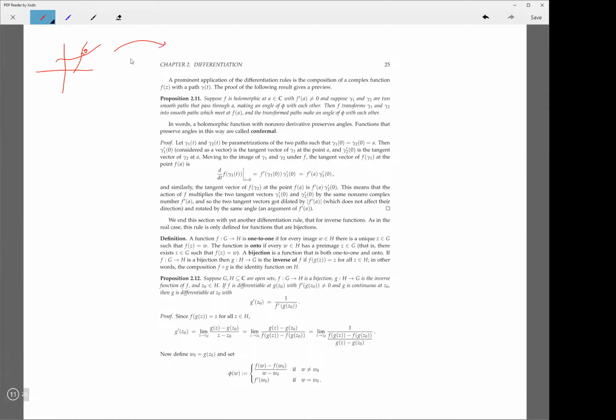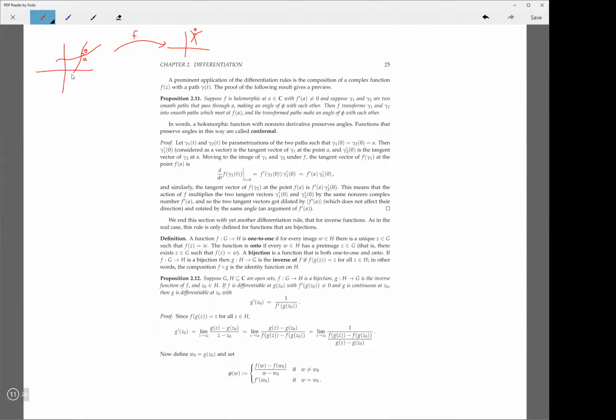And if f is holomorphic at a, so that's a point a right there, and the derivative is not 0, then these curves are going to map to something else, and this angle is still going to be the same.